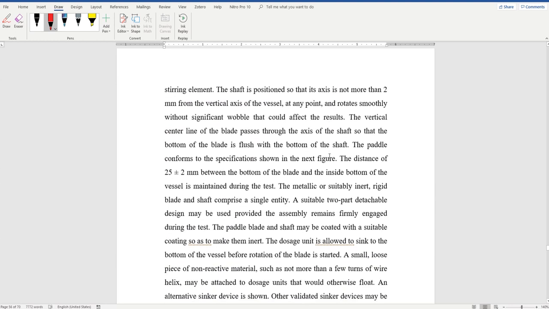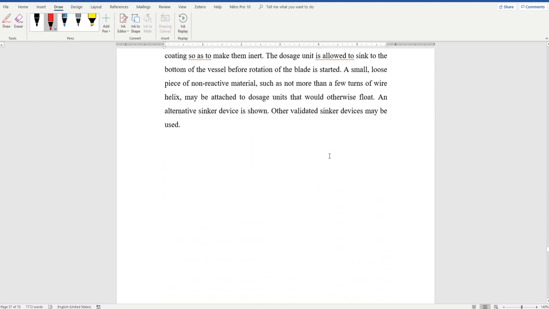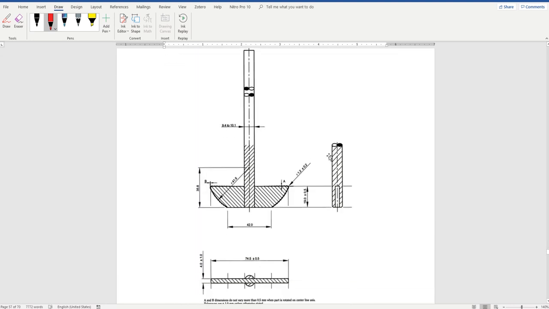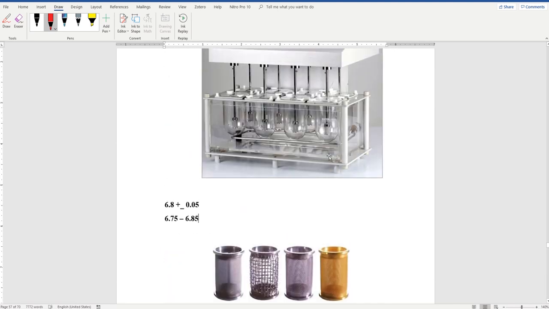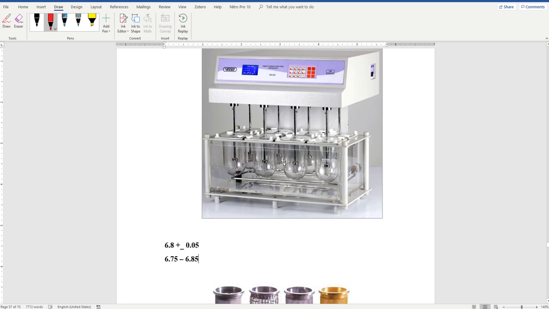And then, according to the pharmacopoeia, you need only to take one sample from the dissolution medium, usually at 45 minutes. Okay, of course depending on the pharmacopoeia.